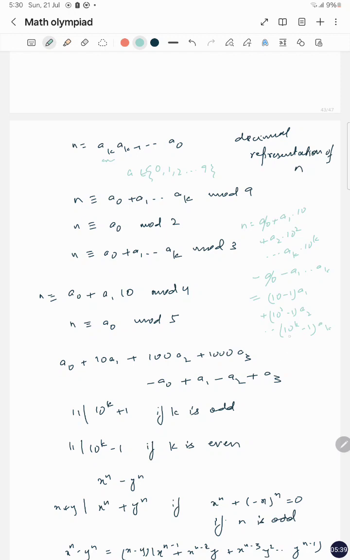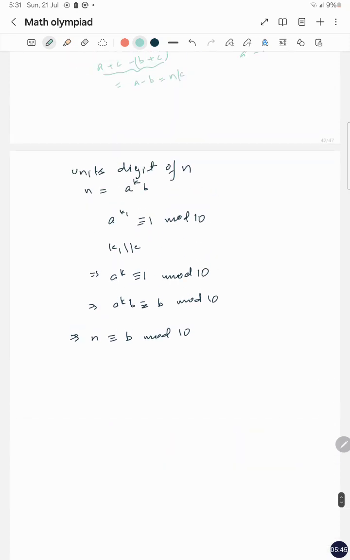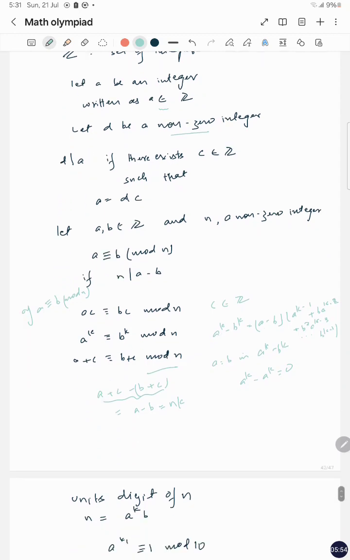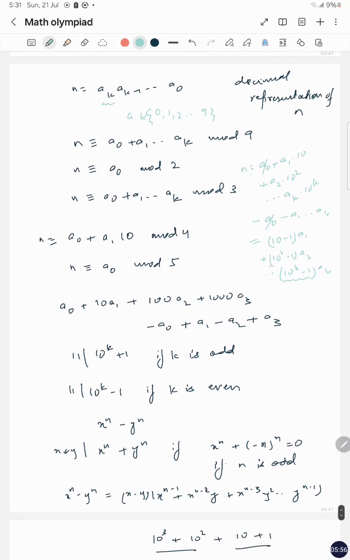And each of these factors 10 to the power k minus 1 is divisible by 9, as using this, putting B is equal to 1 and A is 10, so 10 to the power k minus 1 is divisible by 10 minus 1, 9. So 9 divides each of these terms, so 9 divides the sum of them.